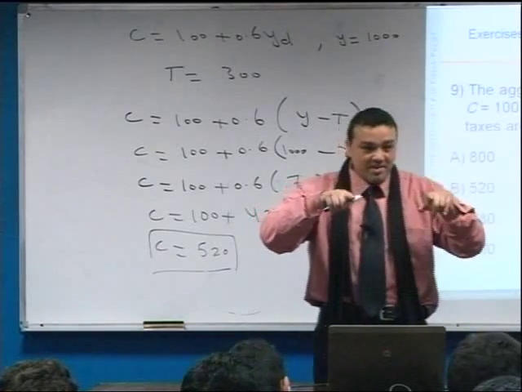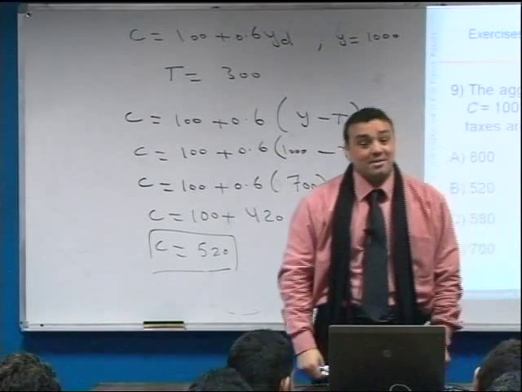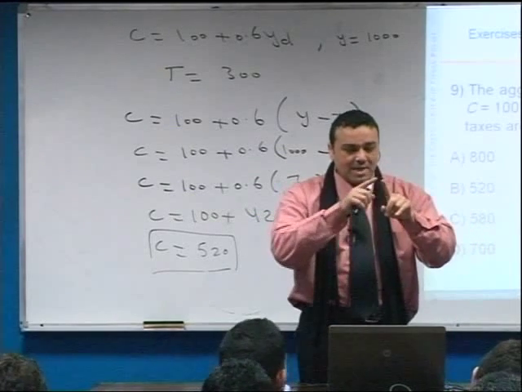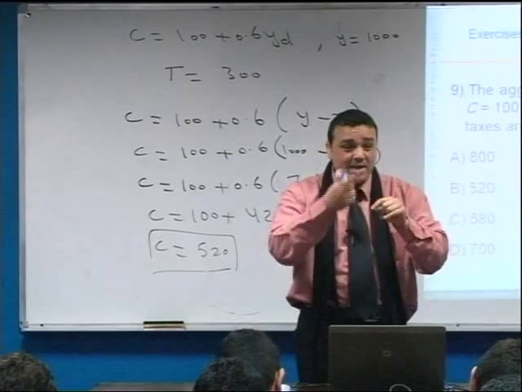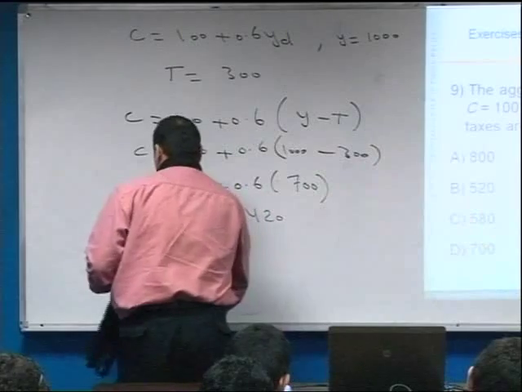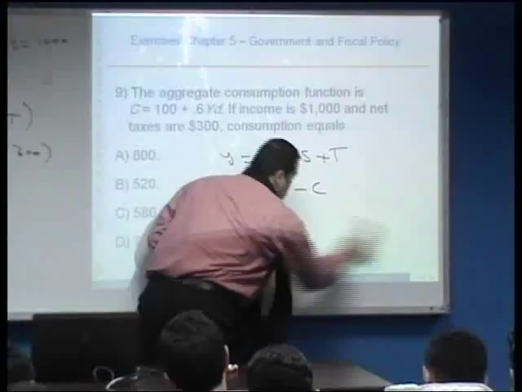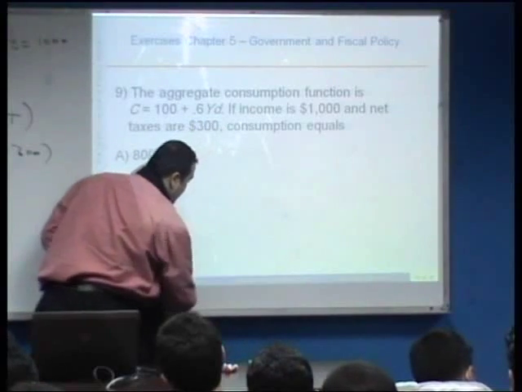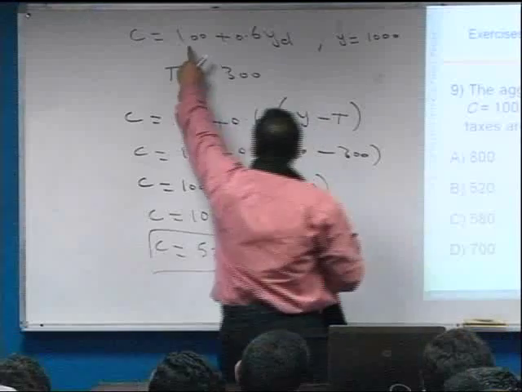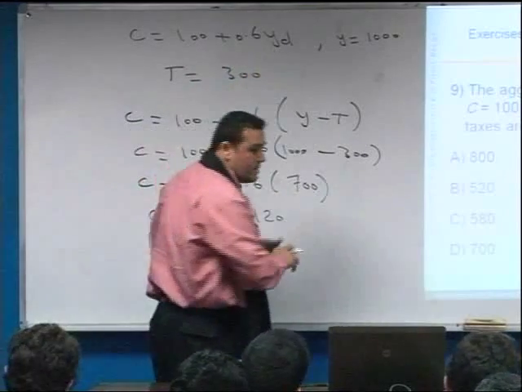So the saving in this case equals minus A plus 1 minus B times YD, not Y. If we use the saving function when we have a government, with the consumption function equal to 100 plus 0.6 YD, the saving function equals what?